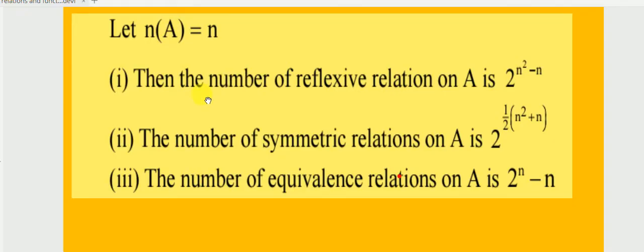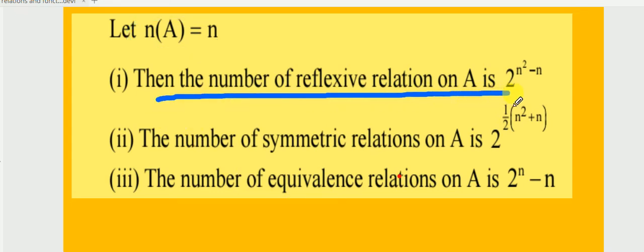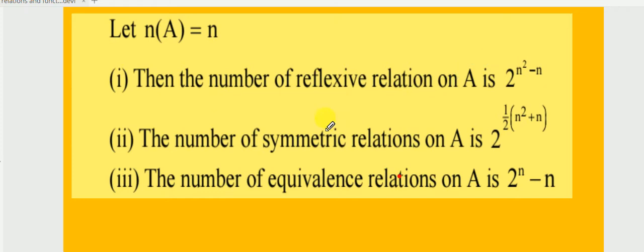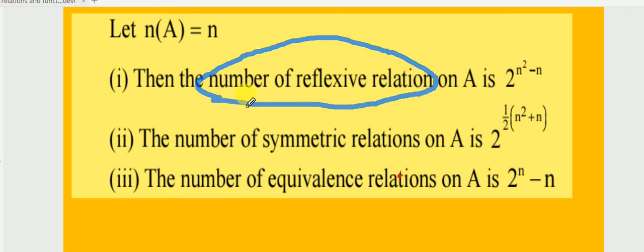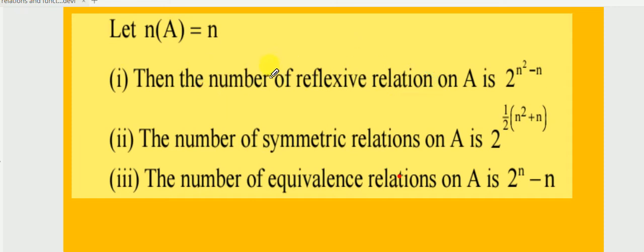If there are n elements in the set A, then the number of reflexive relations on A is given by 2 to the power of n square minus n. This is the formula to find the number of reflexive relations on the set, on the relation R, which is a subset of A cross A, if the number of elements in A is n.